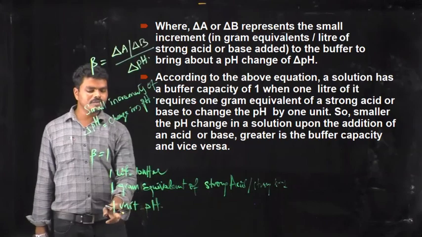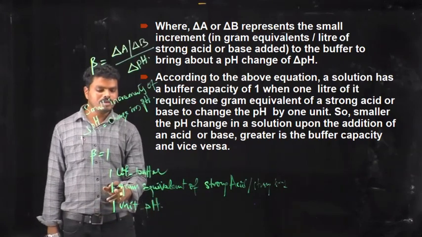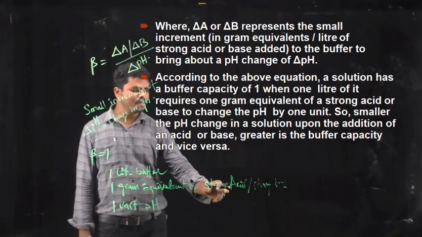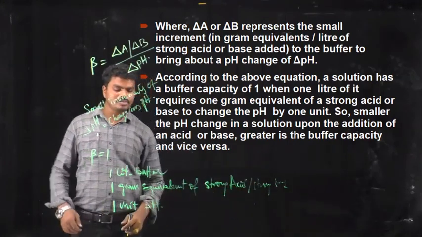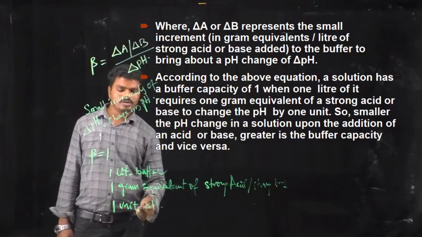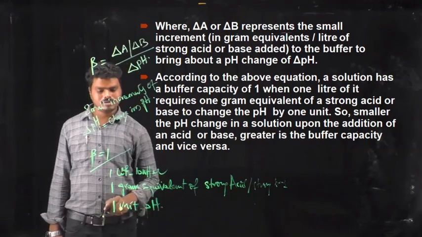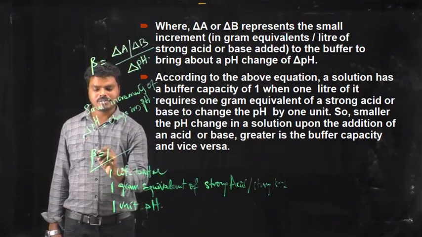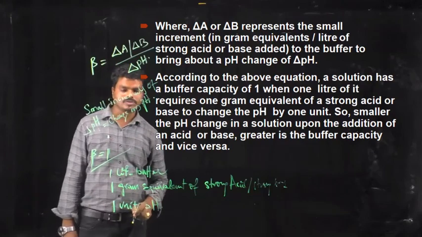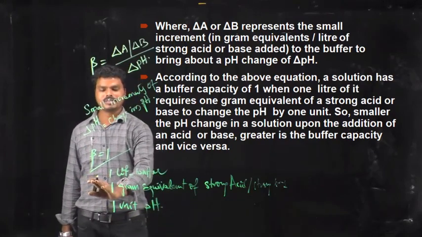When you require 1 gram equivalent of strong acid or strong base to bring a 1 unit pH change in 1 liter of buffer solution, we represent it as beta equals 1. That means the buffer has a capacity of 1.